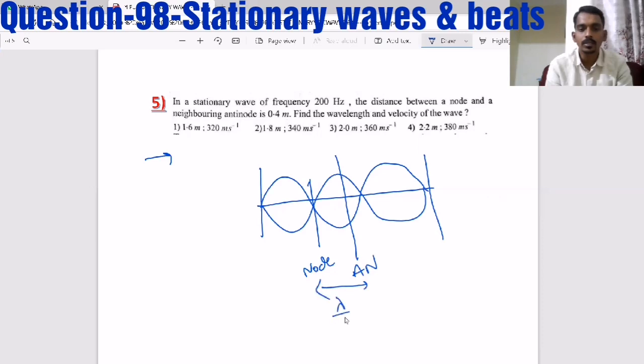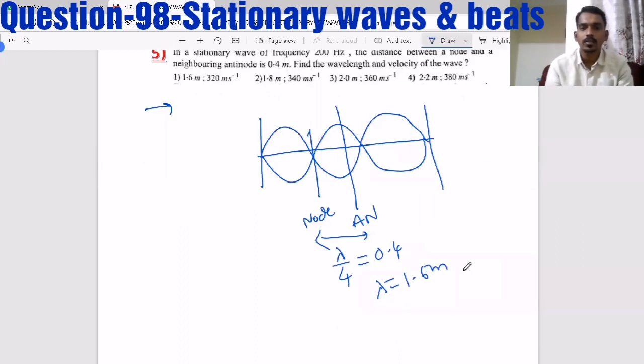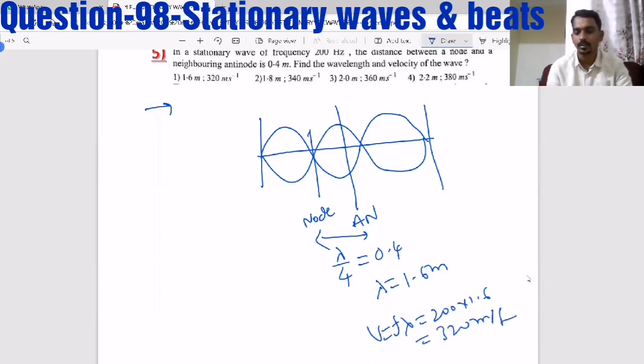Now the distance between them is lambda by 4, because it is a half loop, and they have given that as 0.4. So lambda will become how much? 1.6 meter. And velocity: V equal to F lambda. F is 200 into 1.6. So 320 meter per second.